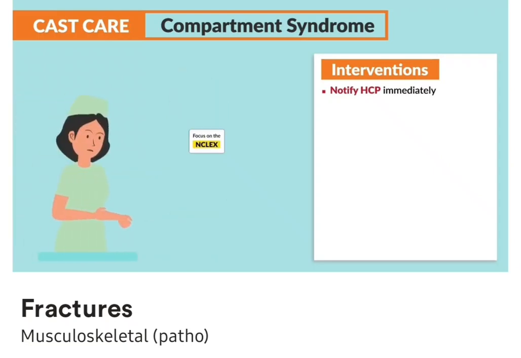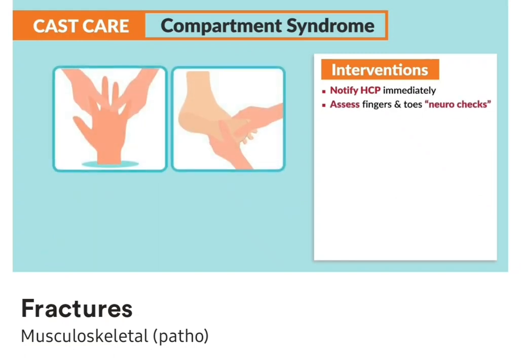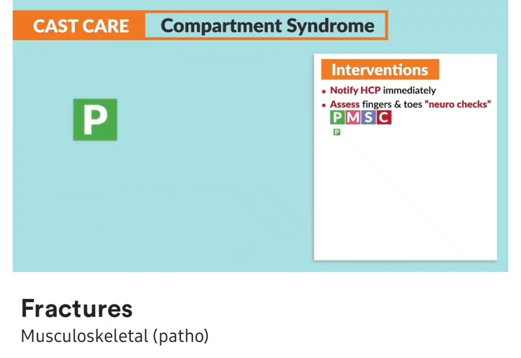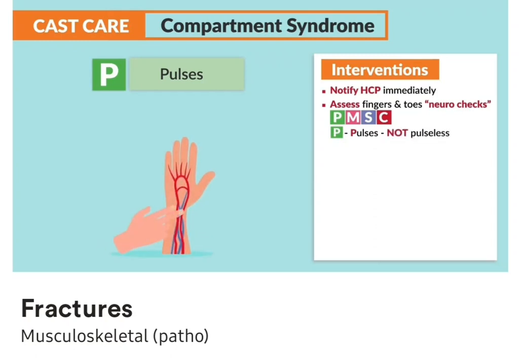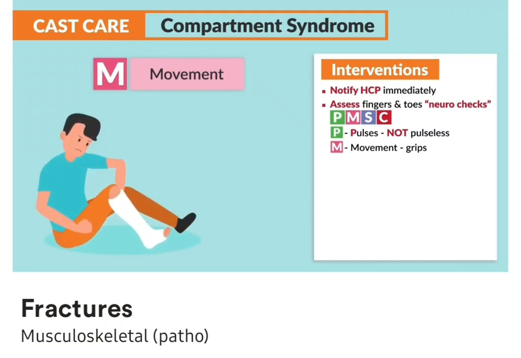Now, nursing care is a big focus on the NCLEX, so write this down. Assess the fingers and toes with neuro checks. This includes PMSC very frequently. So P is for pulses. They should be strong and bounding, not pulseless. This is not good. M is for movement with strong grips, and passive motion without extreme pain.